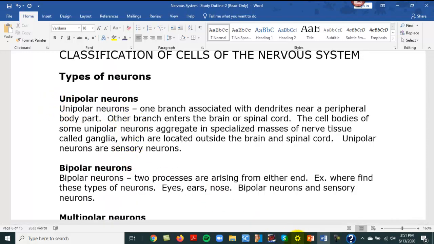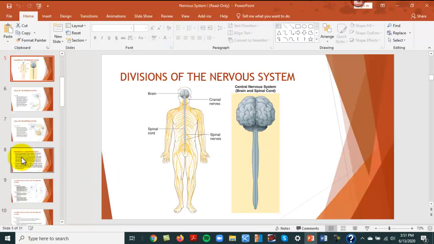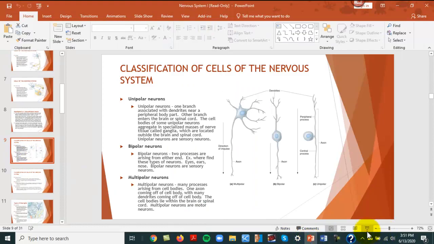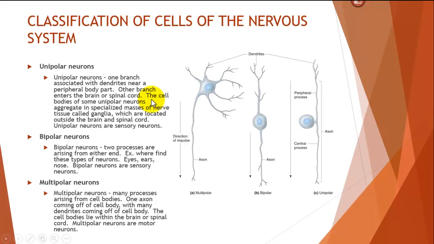So the unipolar neurons, what do they look like? In this diagram, sorry about the small writing, you see this guy over here, it says dendrites, and then that's an extension, and then this part is going into the brain or spinal cord, and there's the cell body. That's a unipolar neuron.